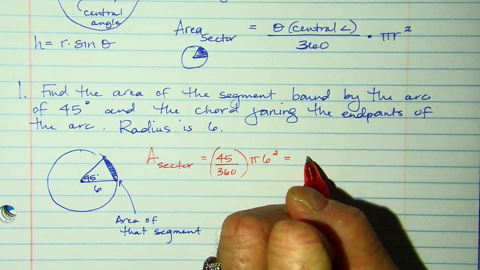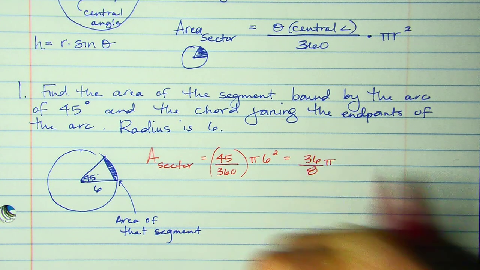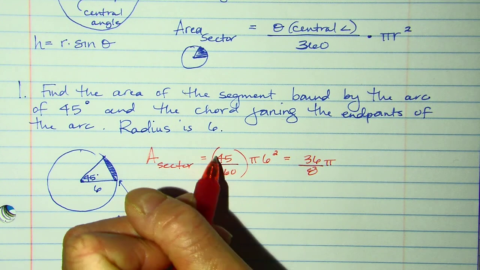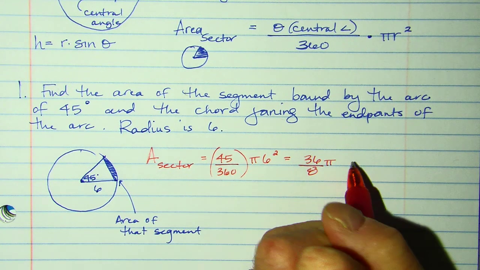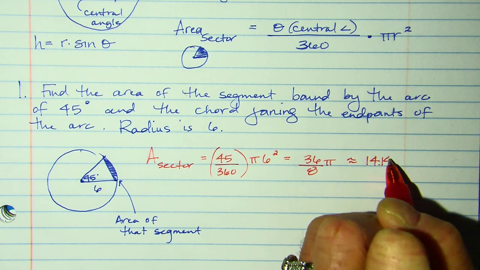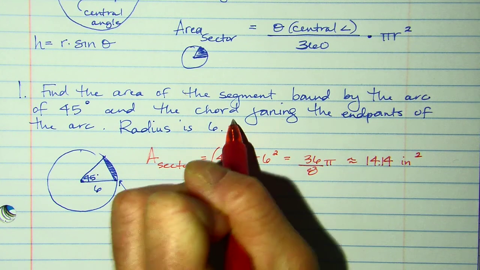So this equals 36 over 8 pi. I'm going to make it a decimal because I need this as a decimal to find my final area. Or you can leave things in terms of pi, it's up to you. But as a decimal, this would be 14.14 inches squared. I didn't say inches, but let's just pretend.